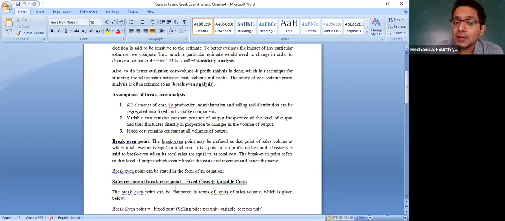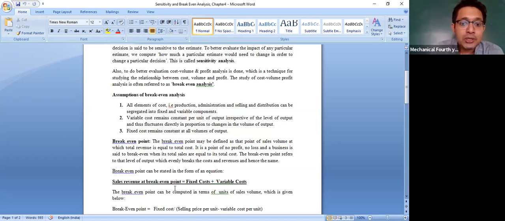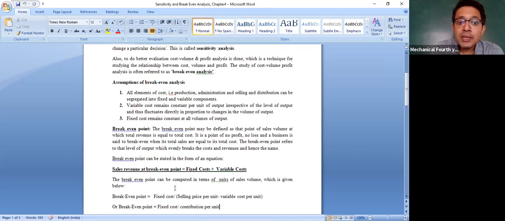So that is sales revenue at break-even point is equal to fixed cost plus your variable cost. The break-even point can be computed in terms of unit of sales volume, which is given below.